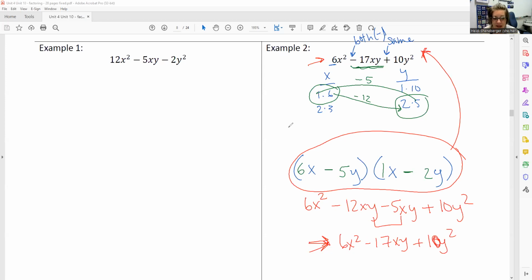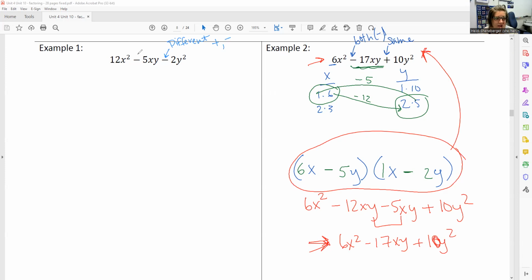Let's look at this other example. I saved this one for a second because it has different stuff with the signs, right? If a positive in the second means they're the same, this probably means that my signs are different. Which means I'm going to have one that's positive and one that's negative down here in my binomials.